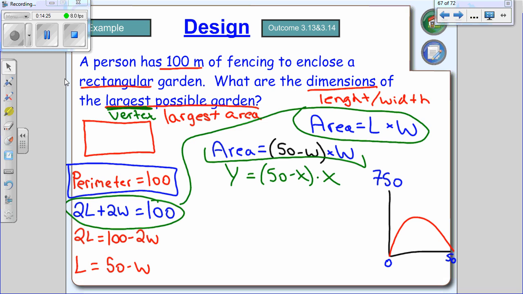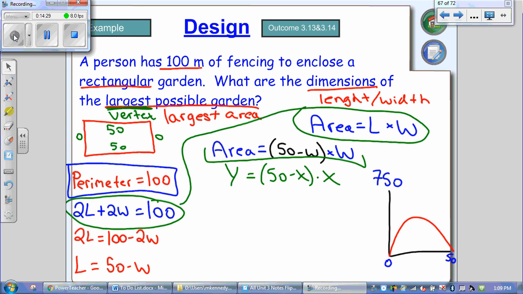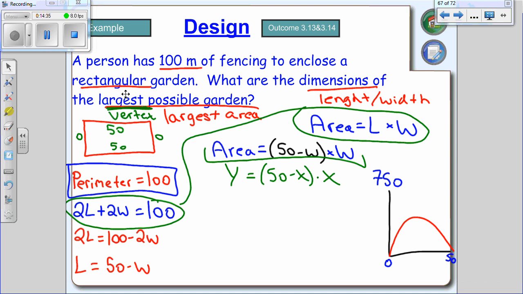That's a great question. So anytime you read a question that says the word largest, if you're trying to solve for a largest, that's them saying that you need to maximize something. And that's the key word that says I need to graph, because the only way we've ever found maximums is graphing. If it said minimum, if it said let's do the smallest possible garden, then I'd be looking for a minimum.